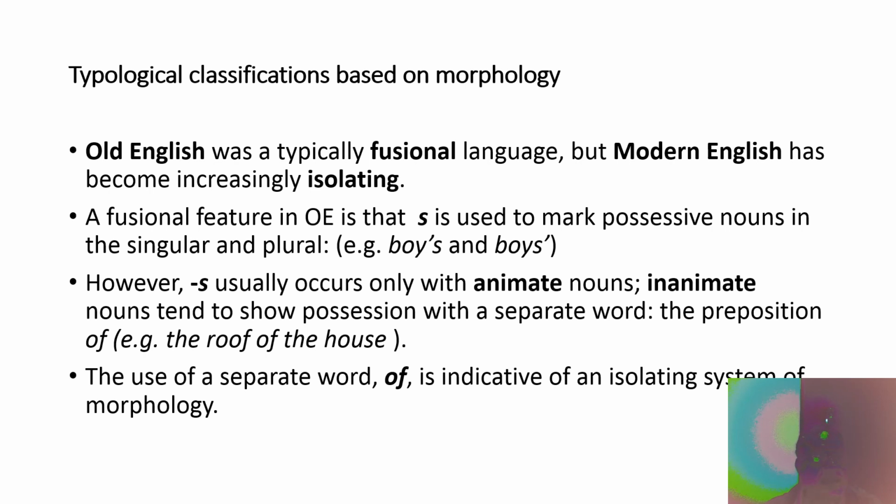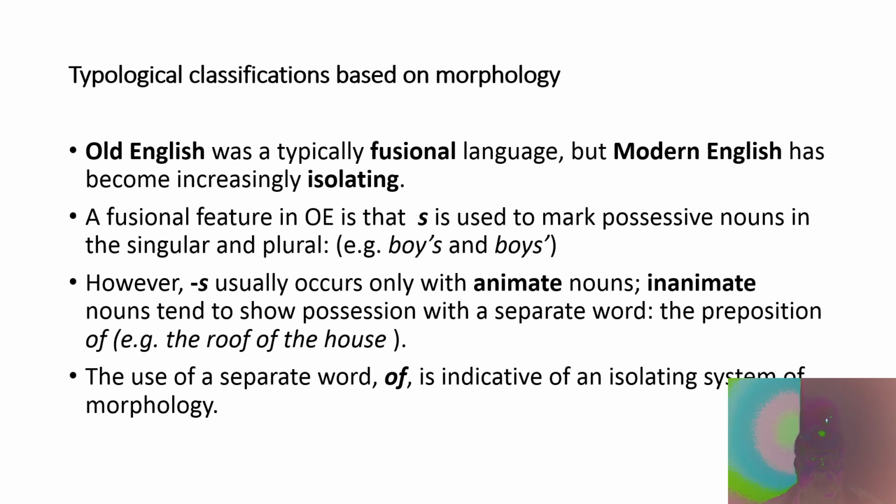So, in this case, we use the apostrophe S in both singular and plural. In Old English, the same apostrophe S can be used whether the noun is animate or inanimate. By animate, I mean refers to human beings. By inanimate, we mean refers to non-humans.